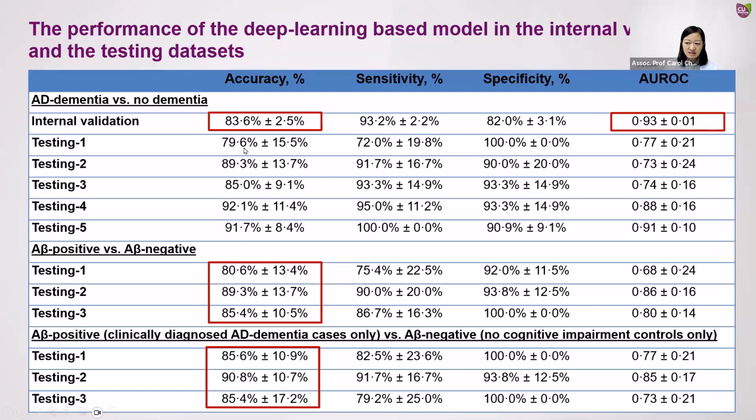In the testing data sets, the model had accuracy of 79.6, 89.3, 85, 92.1, and 91.7 in the 5 independent datasets, respectively. In the 3 testing datasets with amyloid beta status from PET, the model was able to discriminate between amyloid beta positive and amyloid beta negative subjects with accuracy of at least 80%.